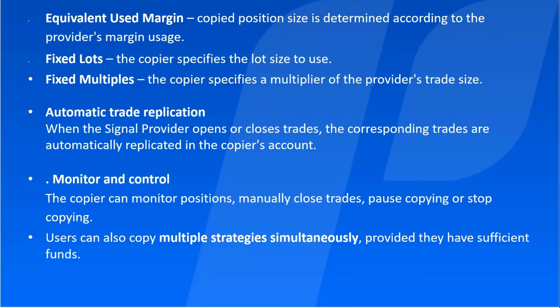Then the next one is monitor and control. The copier can monitor positions, manually close trades, pause copy, or stop copy. So when we say this is hands-free, we are not saying you cannot make a decision on how to control your risk, or on how to close the account.